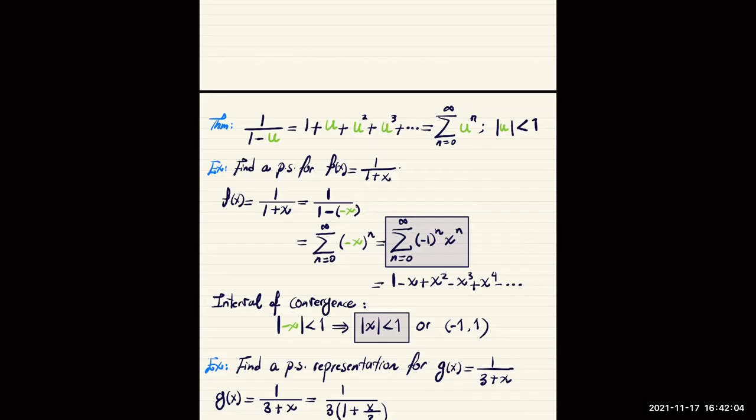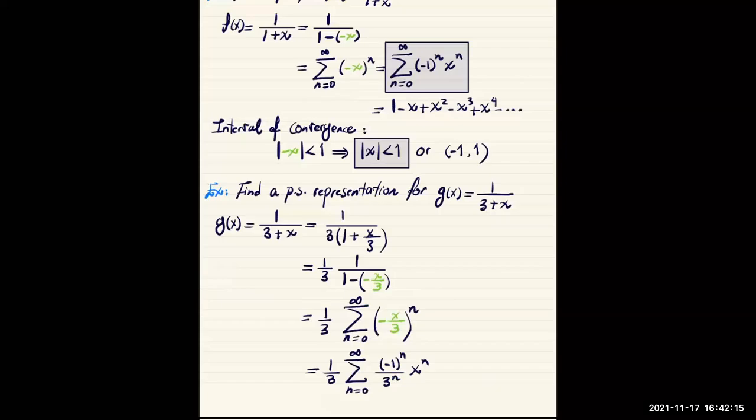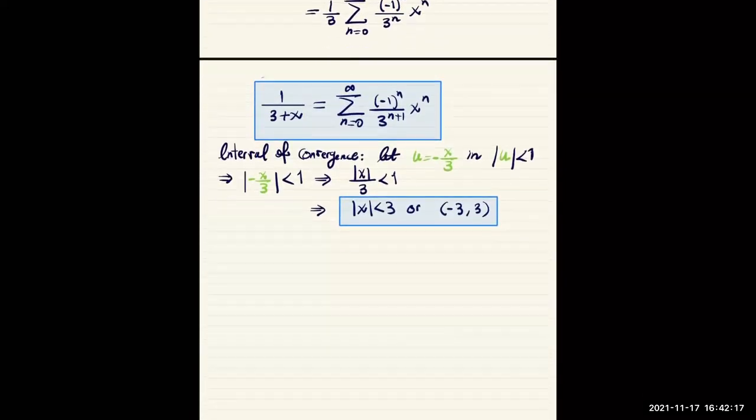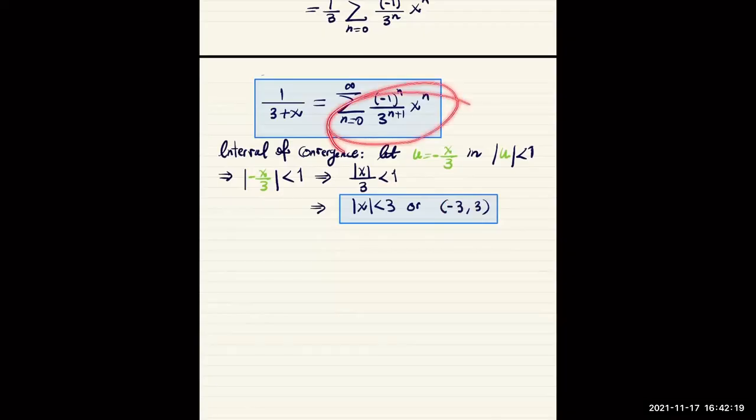Like imagine ratio is 1, then you're going to be adding 1 to itself forever. It will diverge. Same goes with -1. So you don't need to check the endpoints. This is a geometric series.